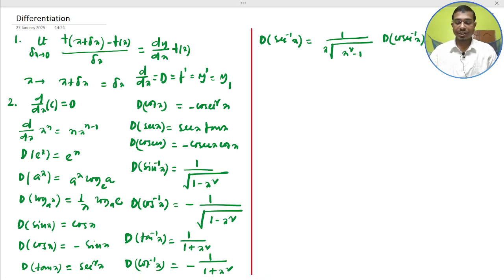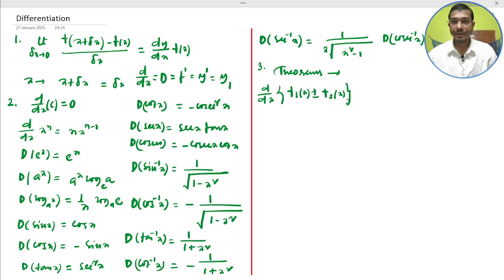Next, derivative of sum of two functions. The theorem states that suppose d/dx of f1(x) plus or minus f2(x) should be d/dx of f1(x) plus or minus d/dx of f2(x).